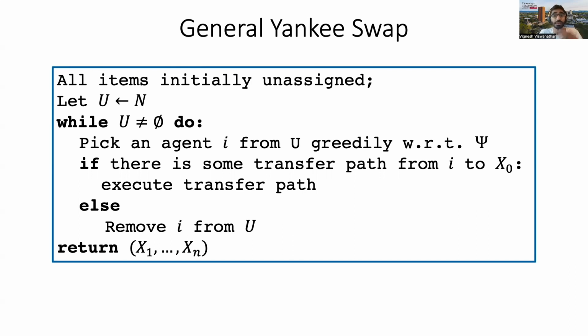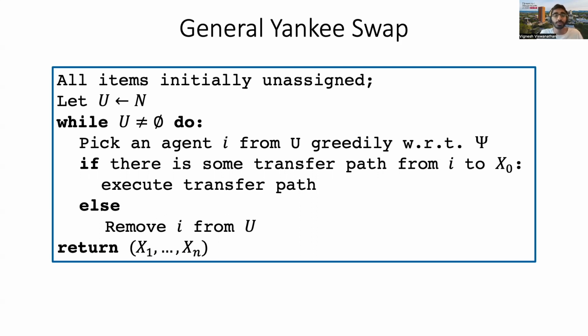And then see if there is a transfer path, this nice transfer path from that agent to the set of unallocated items, where they can steal an item from someone who can recover their utility by stealing an item from someone else, and so on. Now, if there is a path, awesome. Execute that transfer path, that is, transfer goods backwards along that path, and move on to the next agent.